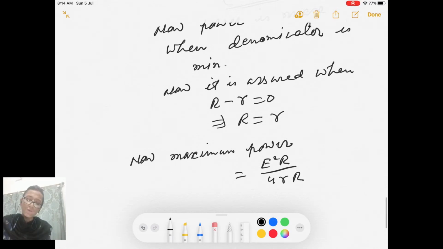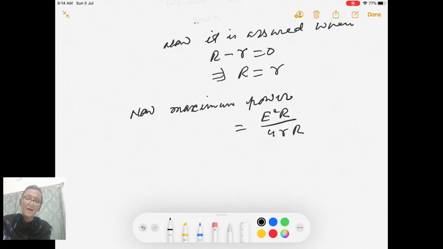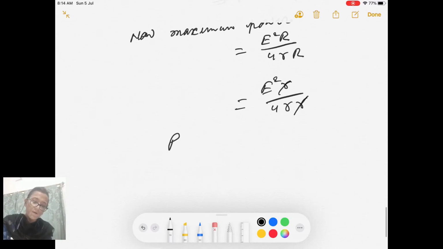Now when you replace this capital R with small r, you find that maximum power, power max, is equal to E square upon 4r.